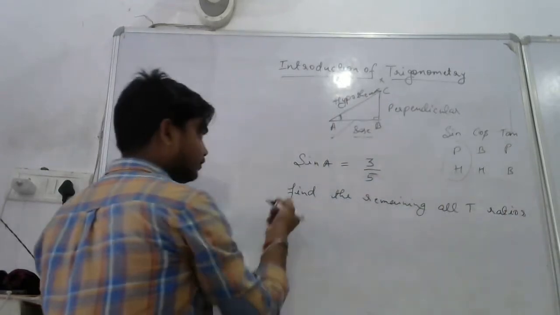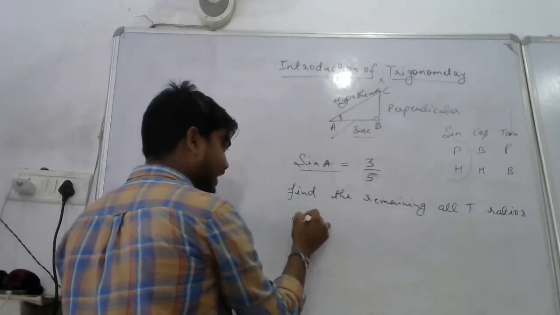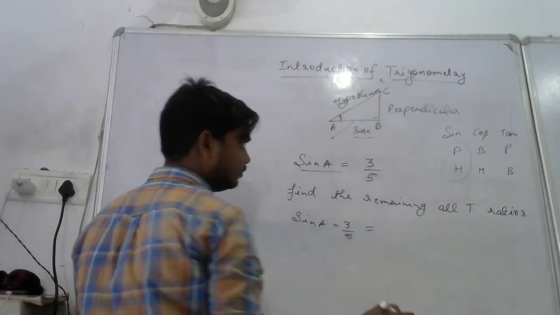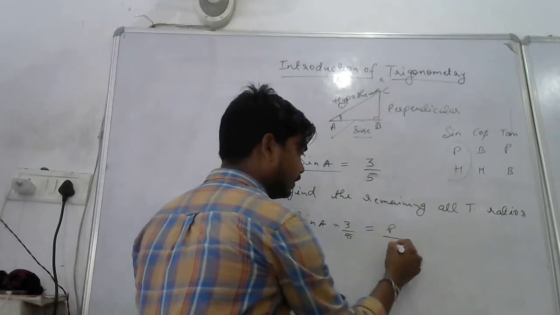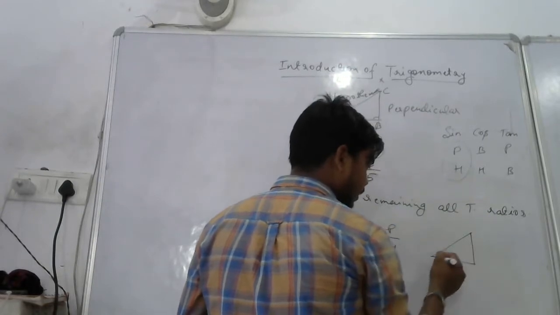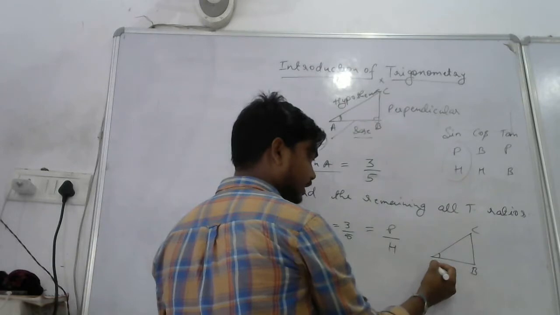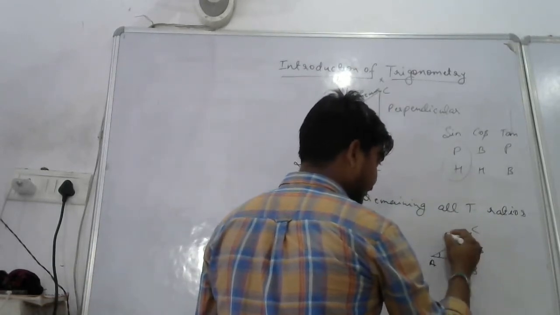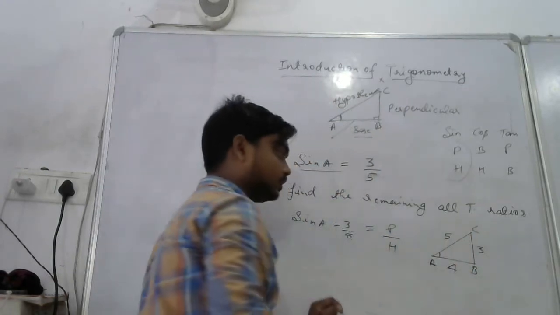Then we write sine A. Here, we are given that sine A is 3 by 5. We know that the formula for sine A is perpendicular upon hypotenuse, so we immediately draw a right angle triangle ABC and mark angle A. Then perpendicular is 3, hypotenuse is 5, and accordingly the base is 4.